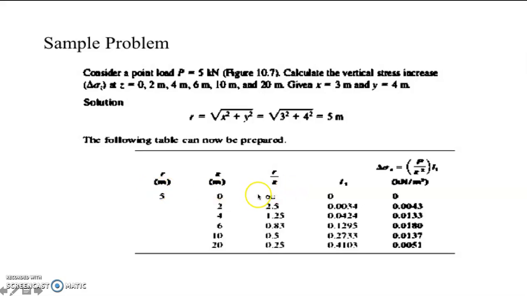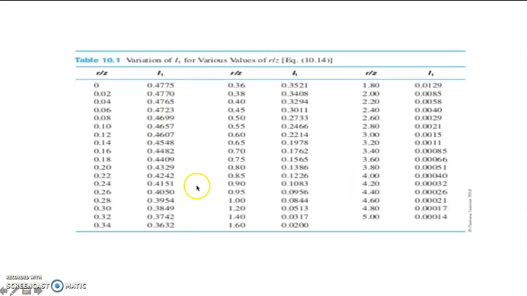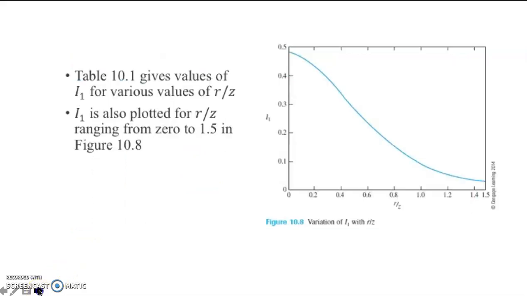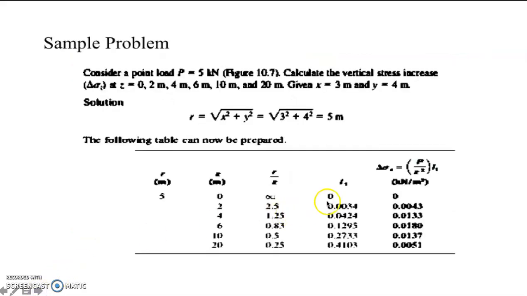You simply have to divide that. Once you have the value for r over z, you can get your I sub 1 based on our table. Based on this tabulation, you can get the value for I sub 1. What is basically needed is your r over z.